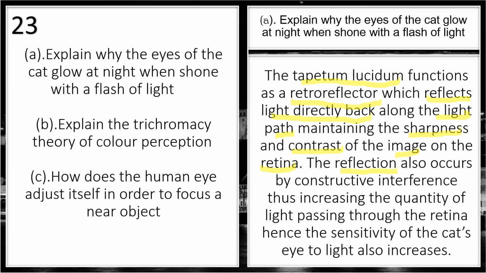The refraction also occurs by constructive interference, thus increasing the quantity of light passing through the retina. Hence, the sensitivity of the cat's eye to light increases.